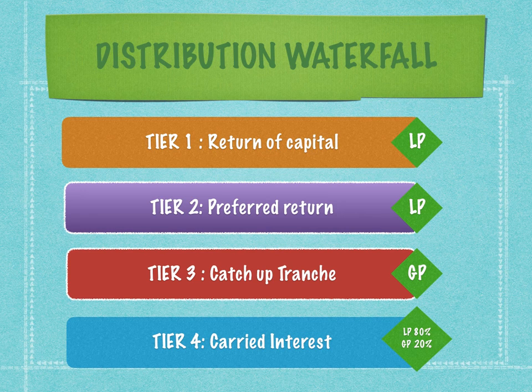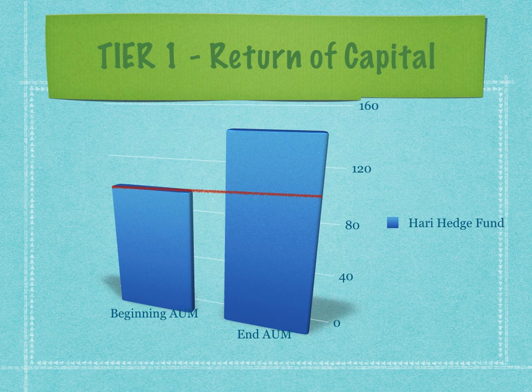Let's understand this. First, let's take a case of my favorite hedge fund, Hari Hedge Fund, which has a beginning AUM of $100 million. It has an end AUM of, no, $145 million.